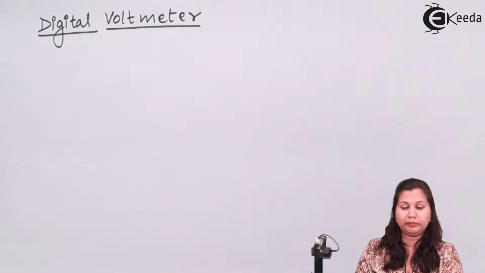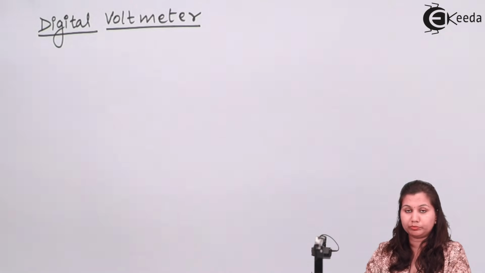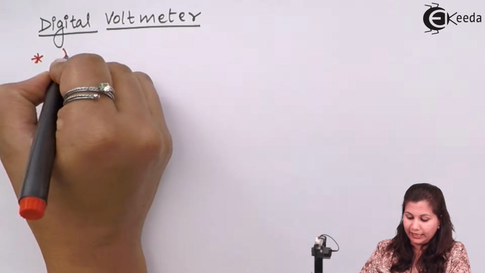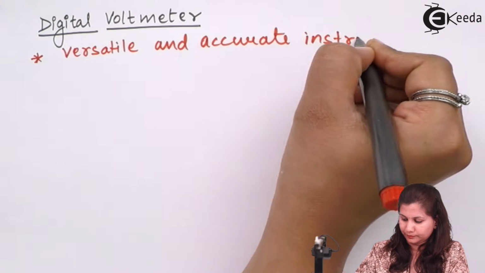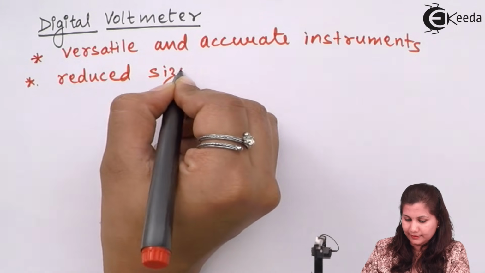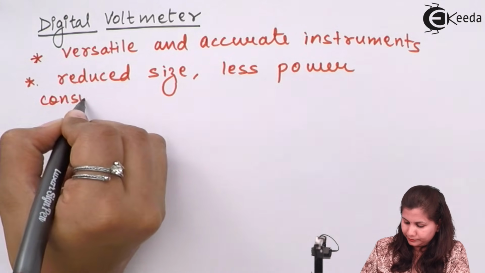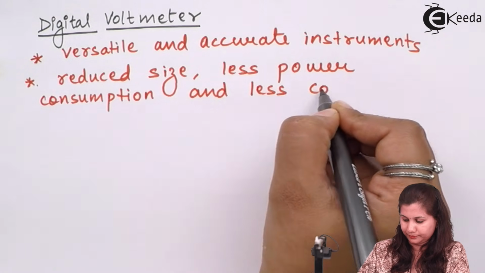Also, these digital voltmeters are very versatile and accurate instruments which are used in laboratories, and they are widely used for measurement purposes because their size is very small, they consume very little power, and their cost is very low.